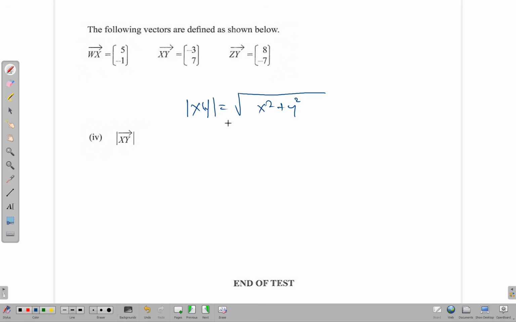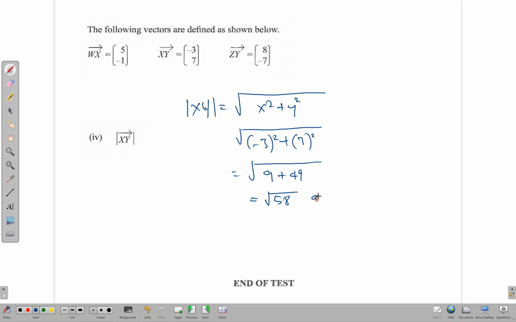So we put in our numbers in there, x and y, which turns out to be negative 3 squared plus 7 squared, which gives us 9 plus 49, which is 58.